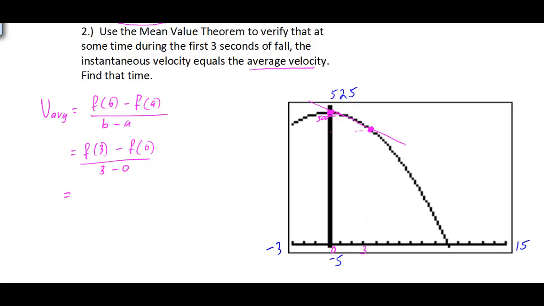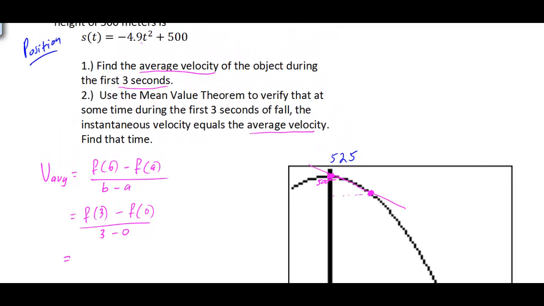Well, we're going to end up with 3 squared times a negative 4.9 plus 500. So that's going to equal 455.9 minus f of 0. Well, if we plug 0 in, we're going to be left with the 500 and 3 on the bottom.